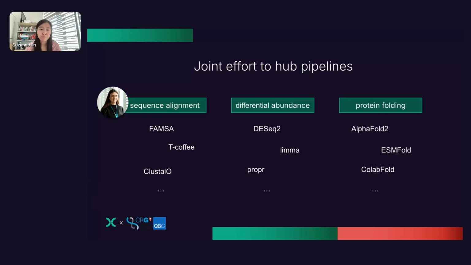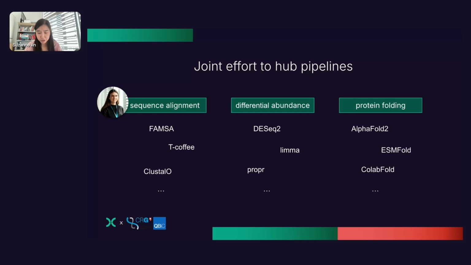Any bioinformatics task that can have many different alternative methods can potentially be used to create some kind of hub pipeline. This is the case for differential abundance. This was also the case for the multiple sequence alignment pipeline that was created within our lab at CRG by Luisa Santus, and it will be the case for many other pipelines such as protein folding.